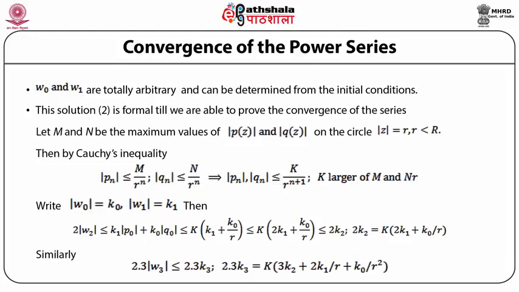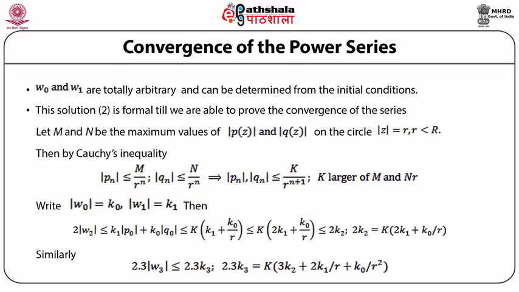This is less than or equal to capital K times (2k1 plus k0 by R), which in turn is less than or equal to 2k2, where 2k2 is equal to capital K times (2k1 plus k0 by R). Similarly, 2 into 3 times modulus of c3 is less than or equal to 2 into 3 times k3, where 2 into 3 times k3 is equal to capital K times within the brackets (3k2 plus 2k1 by R plus k0 by R squared).